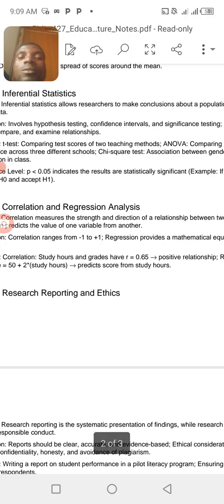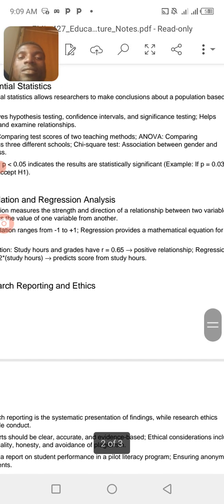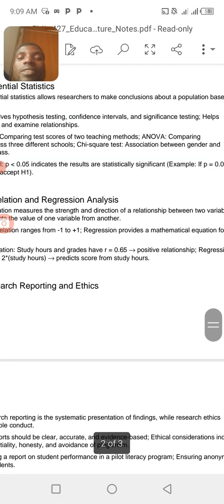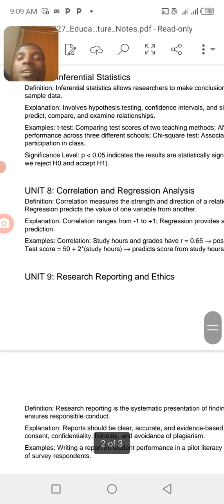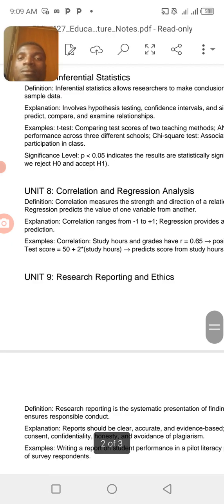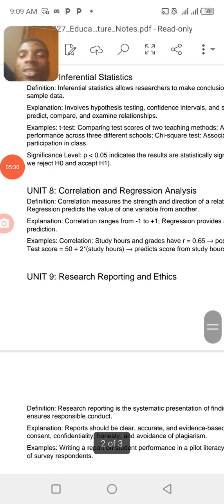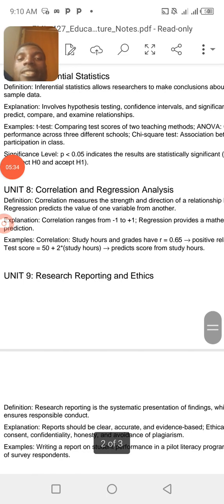So we have, for example, ANOVA, analysis of variance. That is, you compare performance across three different schools. You can use ANOVA to do your analysis across different schools.